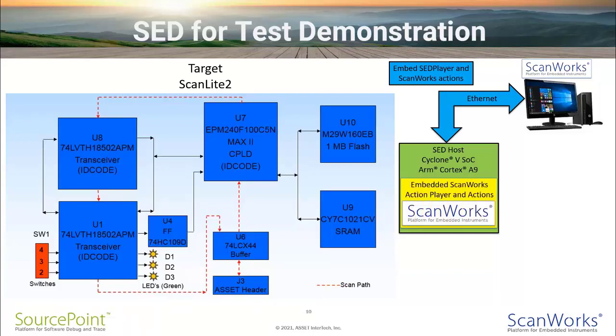Once that's done, we'll have ScanWorks embedded on the Cyclone 5 SoC, and we'll be ready to continue with the demonstration. From that point, I'll have a serial connection from my PC, where I'll be issuing commands to run various actions using the embedded ScanWorks on the SoC, okay?